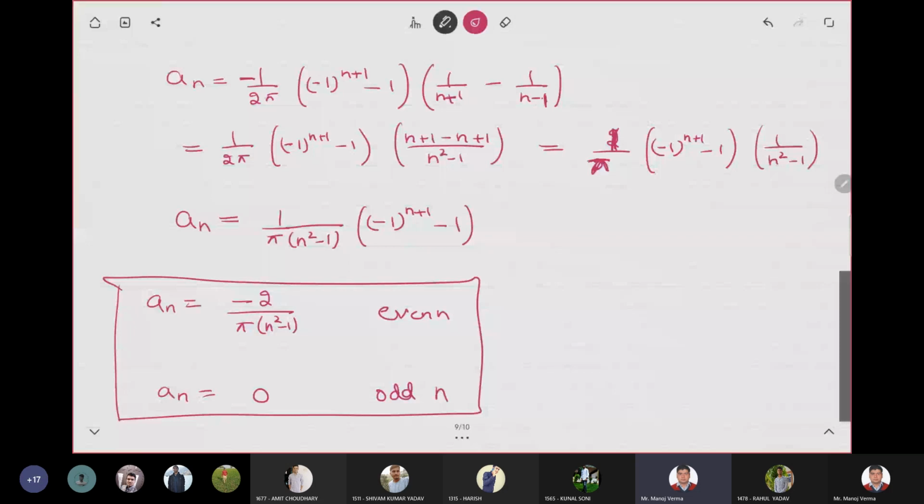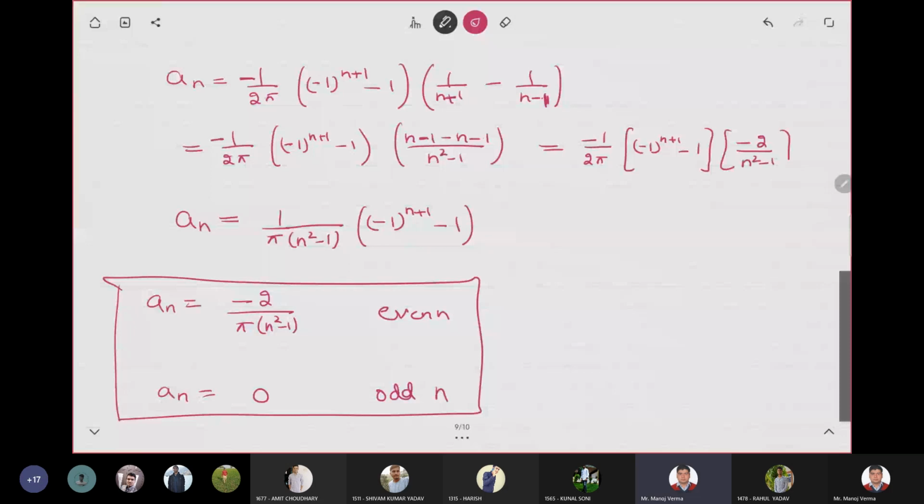Okay, so this will become 1 over pi, this will become minus 1 over 2 pi, minus 1 raised to the power n plus 1 minus 1, and it will become minus 2 over n square minus 1.